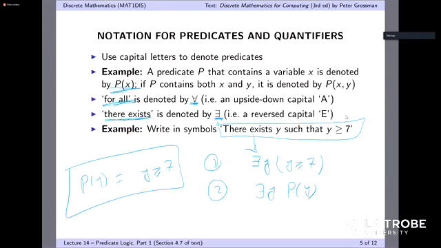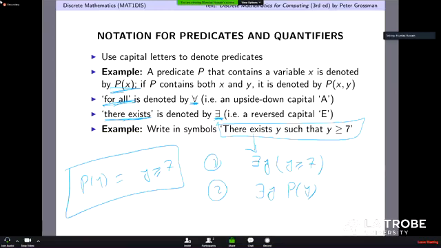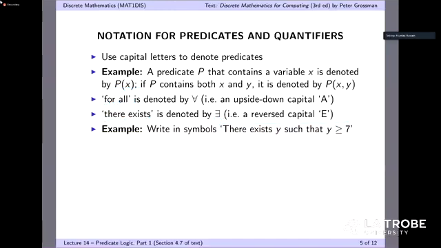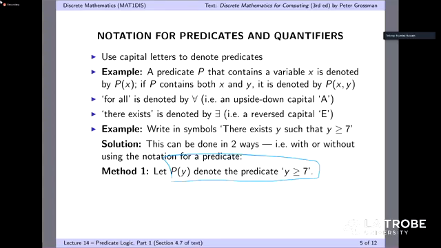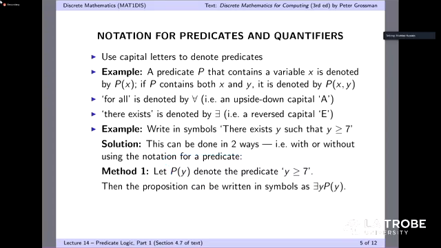Now, based on this, let's write this statement down in symbolic form and see what we have. So there are two ways, as I said. Let Py denote the predicate y greater than or equal to 7. I briefly wrote it down just a moment ago. Then the proposition can be written as there exists y and the predicate Py, where Py stands for y greater than or equal to 7.